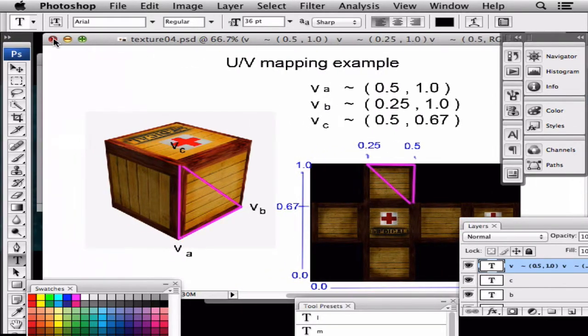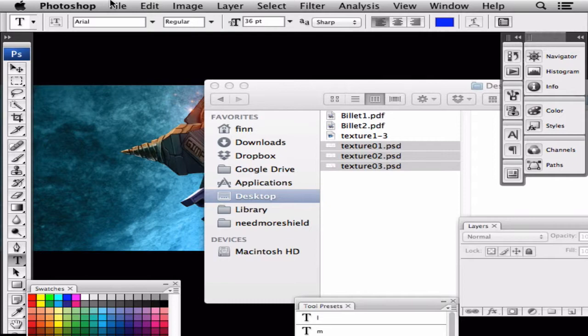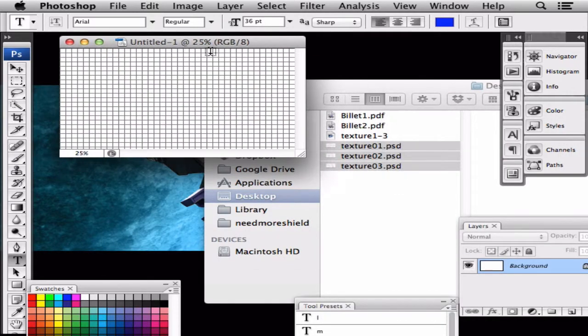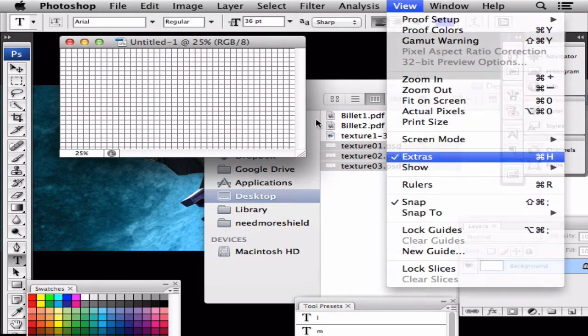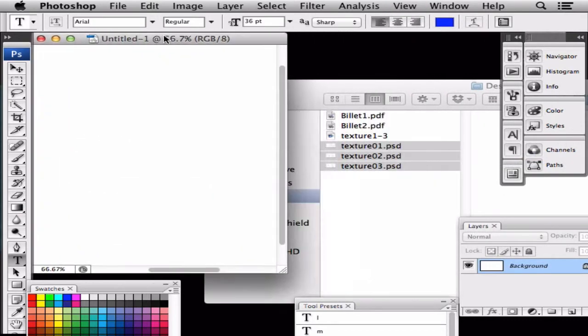Okay, so now we come to something called tiling, which is a useful thing you can do, repeating a texture, like this example of a brick wall.